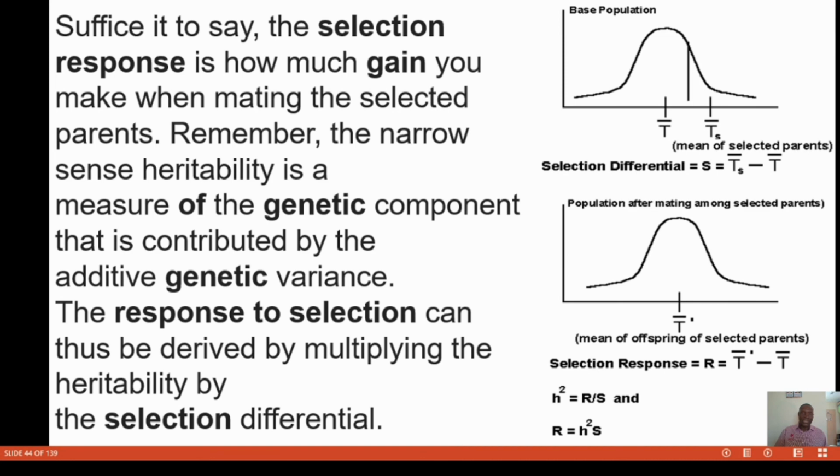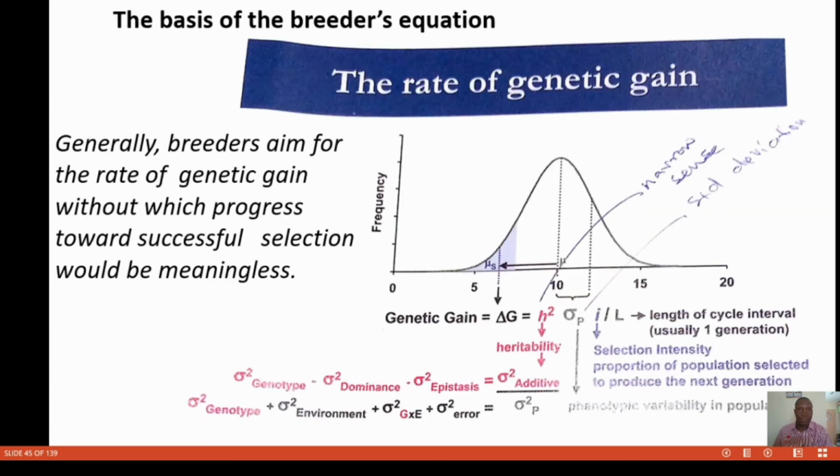The response to selection can thus be derived by multiplying the heritability by the selection differential, and the graphs here simply elaborate where we come from. So we're looking at the basis of the breeder's equation to come to the rate of genetic gain.